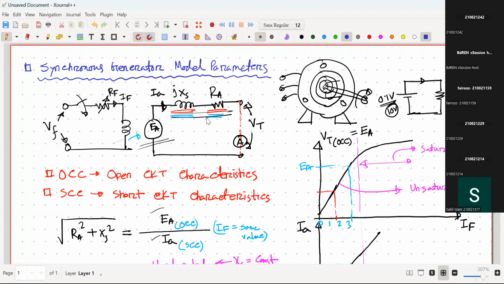There is a comment in the chat section that someone is asking something. Let me see. Sir, is there any actual capacitive load? Well, generally we do not have capacitive load as load.